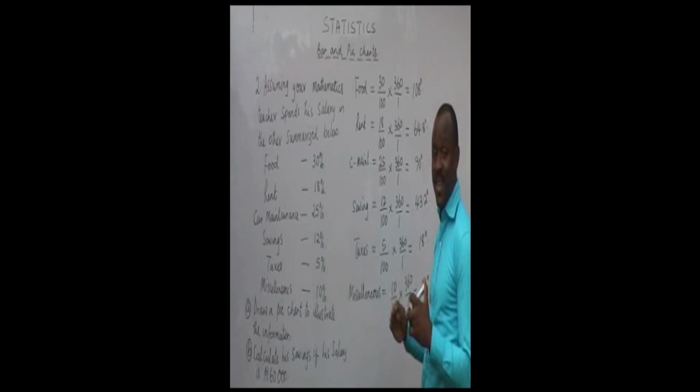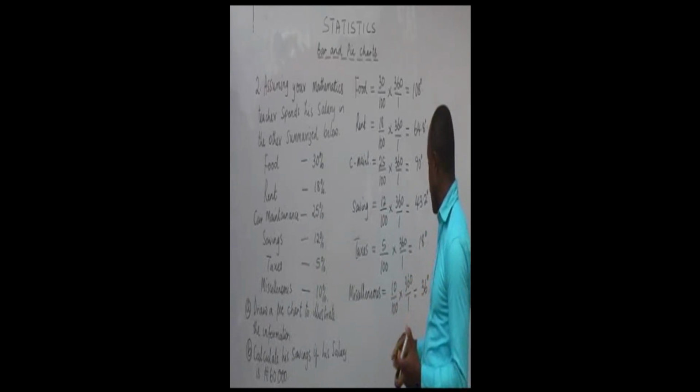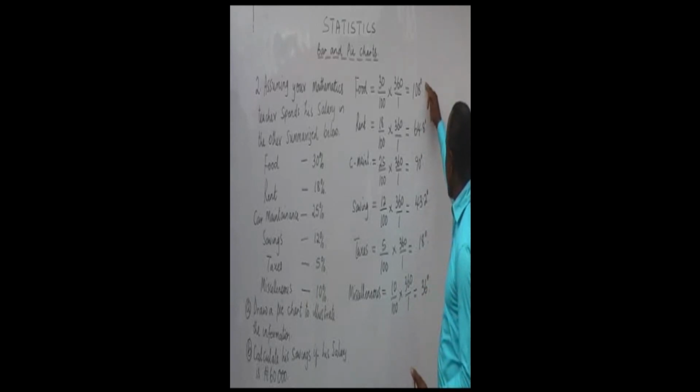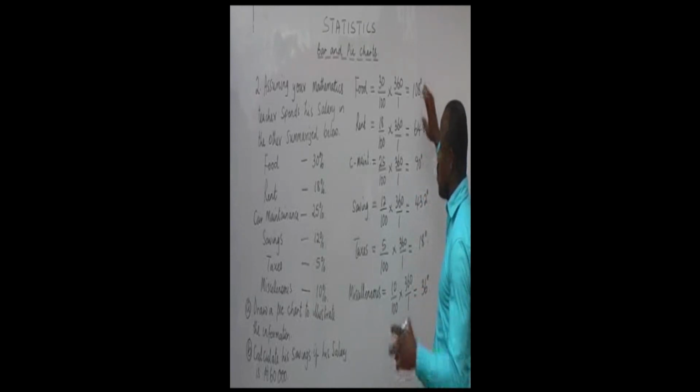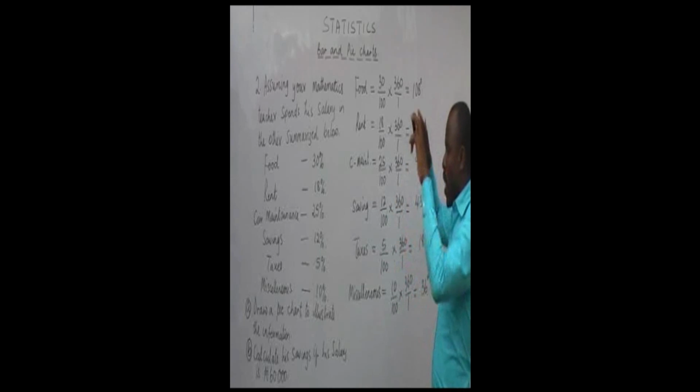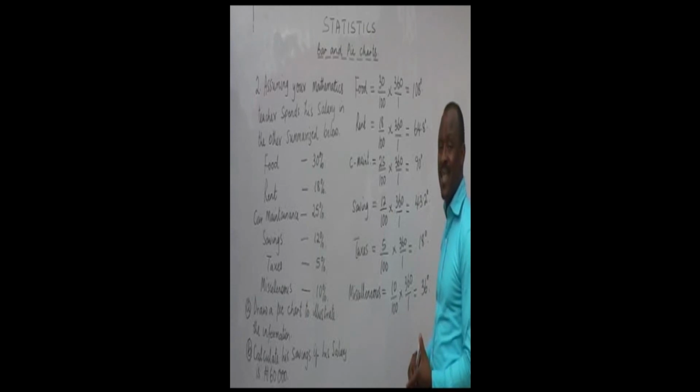Taxes will give you 18 degrees. Miscellaneous, those expenses he did not arrange for, will give you 36 degrees. If you want to cross-check, you add up all these angles, they will give you 360 degrees. That shows that you are correct. The next thing now is for us to begin, in our drawing paper, to arrange these angles in a circle.